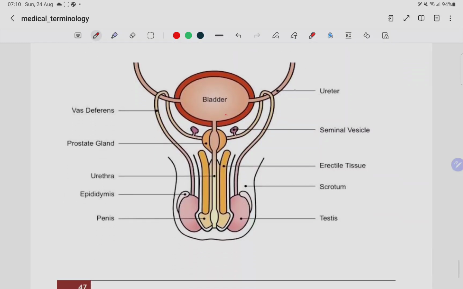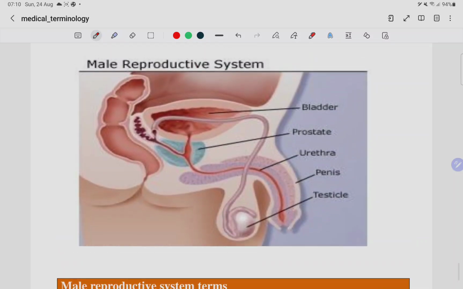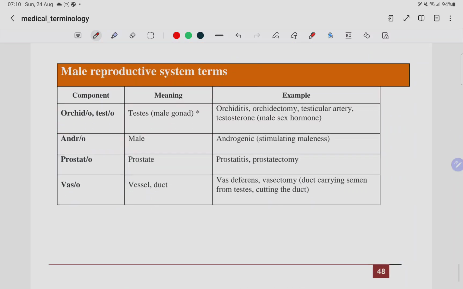Okay, this is the bladder, this is the ureter, this is the seminal vesicle, and this is the prostate. This is the erectile tissue here, this is the scrotum, and this is the testis, and this is from the lateral view.